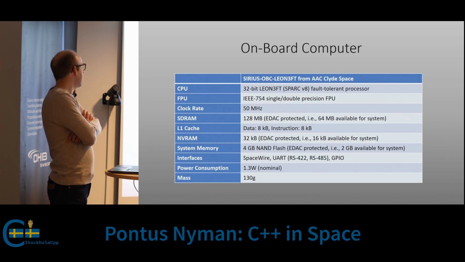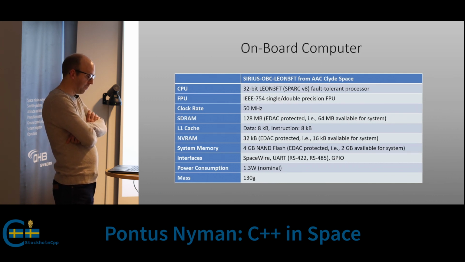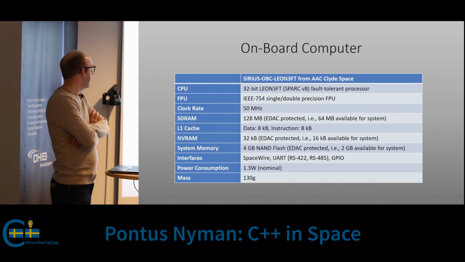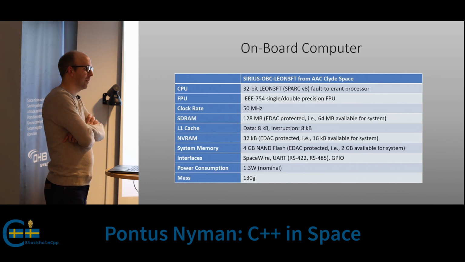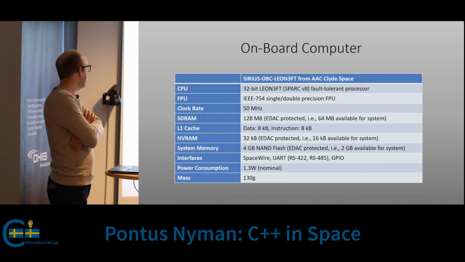And the architecture is Leon, and it was actually built by ESA long ago. But nowadays there's a company called Gaisler that is taking care of this platform. And it's actually based on the SPARC architecture, SPARC V8. So this is what we have in our up-and-coming satellites.